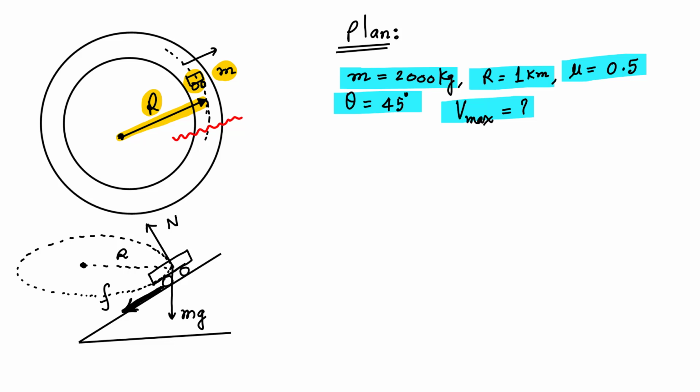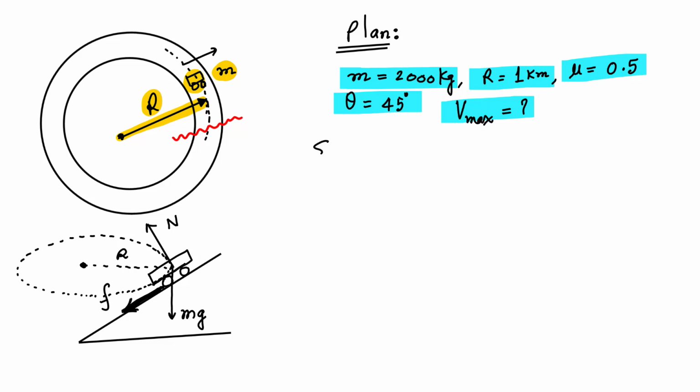You write two equations. One is for balancing of the vertical component of forces. Another is for writing the equation of motion, since this is moving in a circle. So if you write these two equations, you should be able to solve this problem. So let us try to solve, and I will see you in a while.